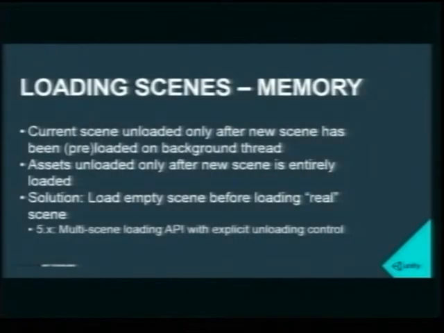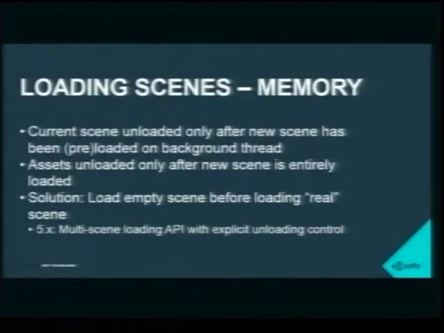A different thing when you're loading scenes. One potential problem that you may encounter is memory spikes. The reason for that is that we only get rid of the data from the previous scene when the data for the new scene is completely available. So we load the objects for the new scene in the background, and then we have a step that activates them on the main thread. Only at that point do we delete the game objects from the previous scene.